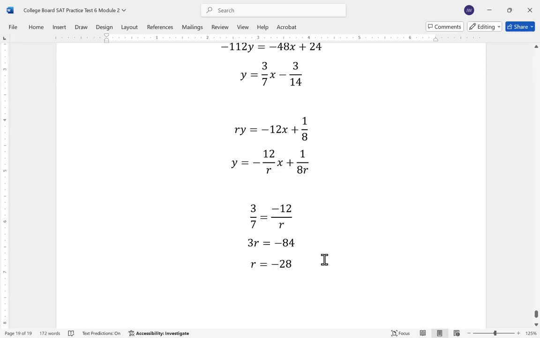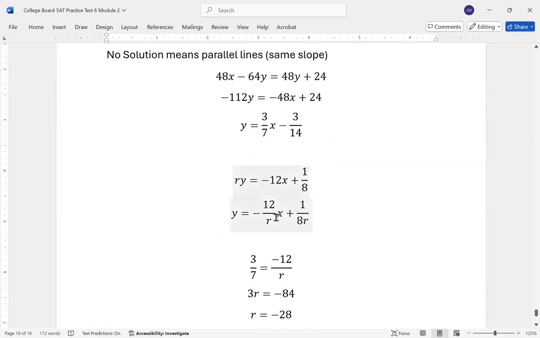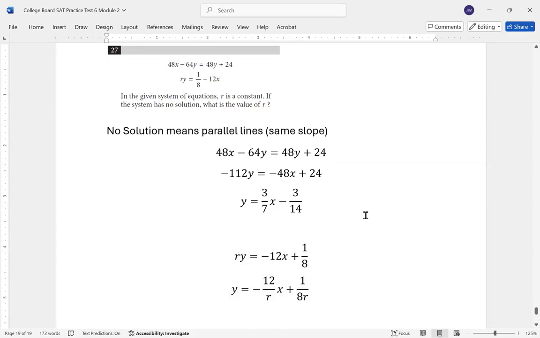If these two lines have no solutions, if this system of equations is such that the system has no solutions, then the lines are parallel, and that means the slopes are the same, and that means r has to be negative 28. So negative 28 is the answer to question 27.